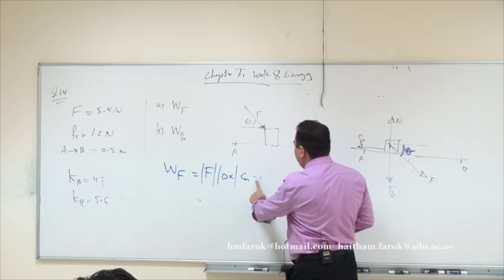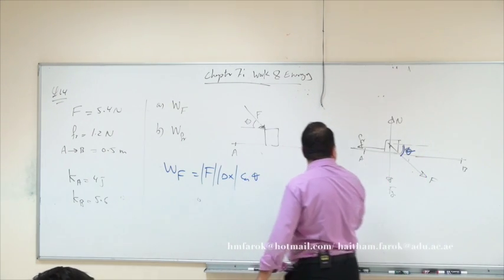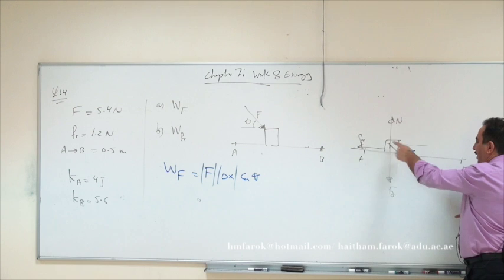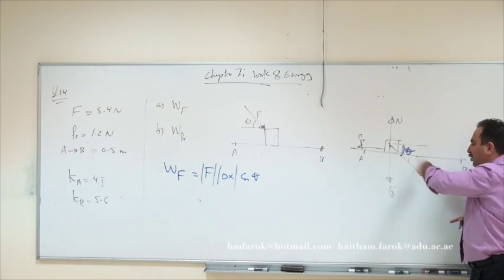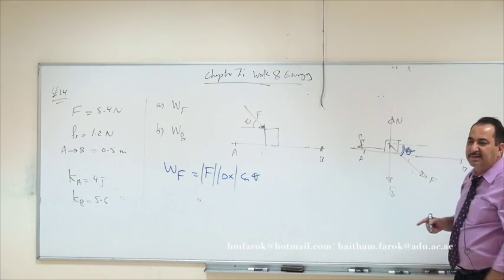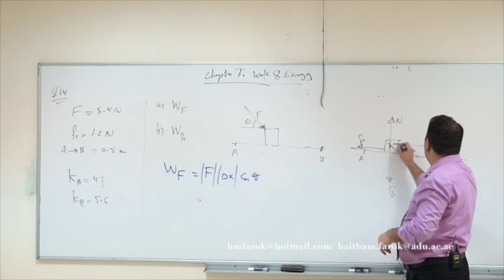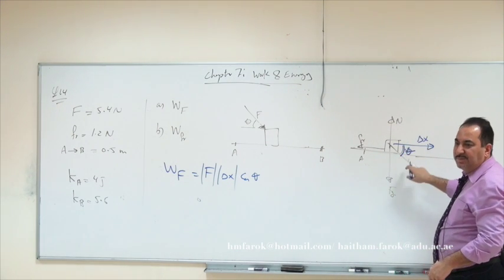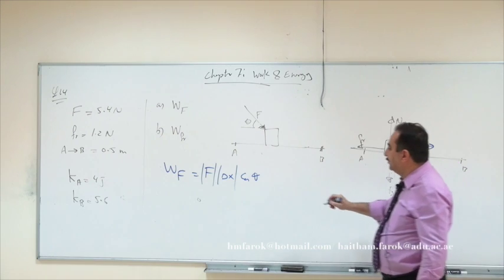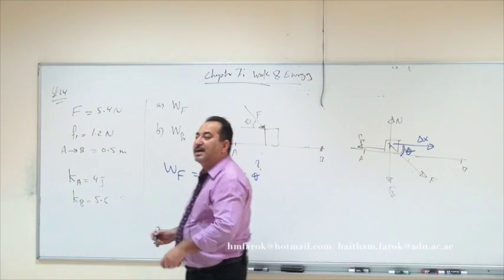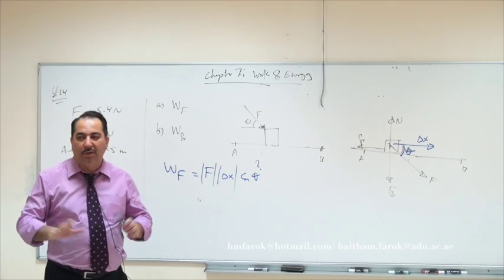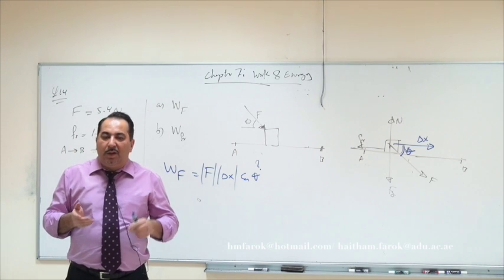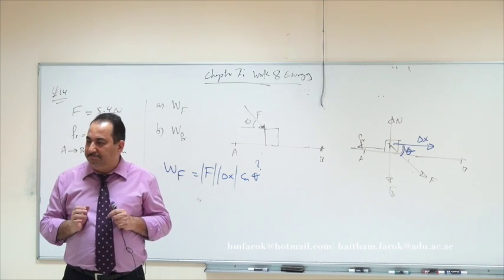So I can call it here theta as well, same. This is the direction of F. Where is the direction of delta X? So this is the angle between displacement and F, unknown. So can I answer the question this way? No, dead end. You have to change the technique.